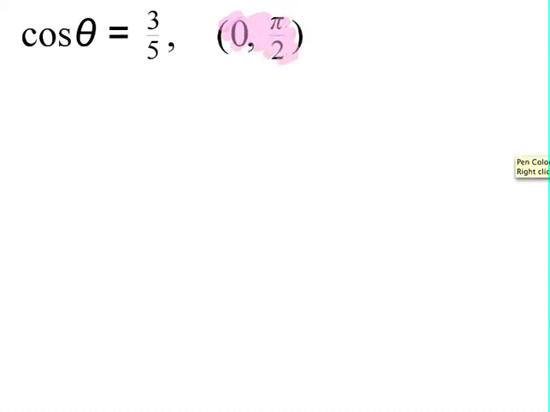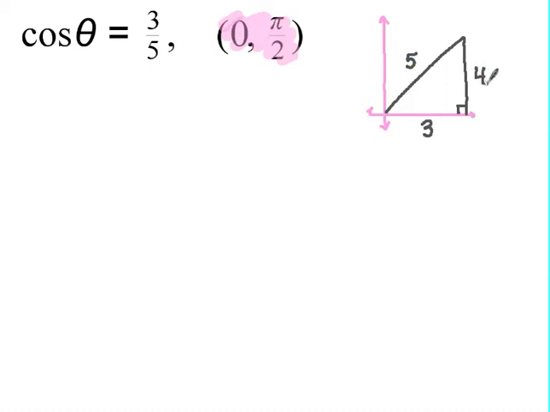Very good. So I'm going to go ahead and draw in a triangle. And in that triangle, cosine is 3/5. So what does that tell me? Yep, 3 over 5. So what's this? 4. So I start with sine of 2 theta.